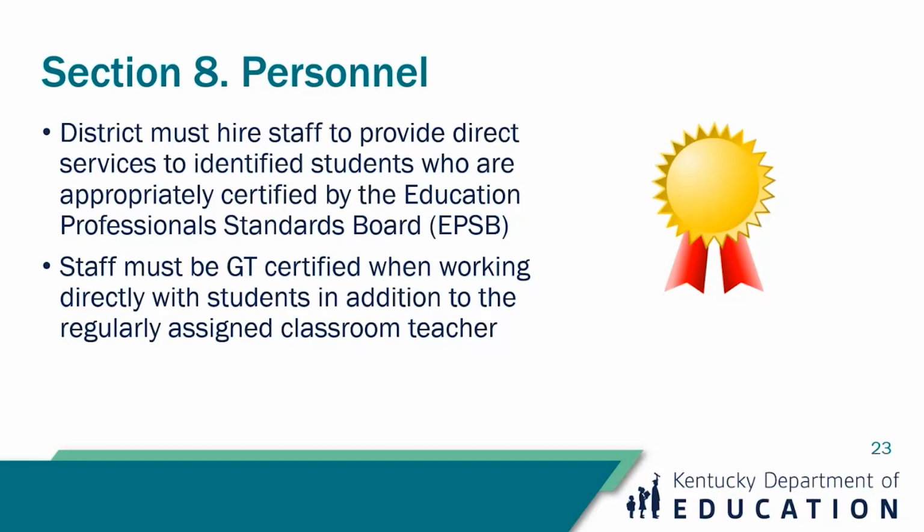Section 8 is about personnel, and it states that districts must hire staff to provide direct services to identified students who are appropriately certified by the Education Professional Standards Board, or EPSB. It also states that staff must be GT certified when working directly with students, in addition to the regularly assigned classroom teacher.